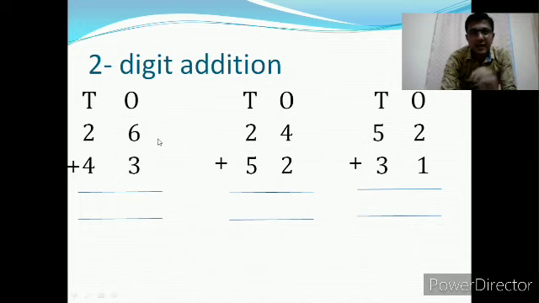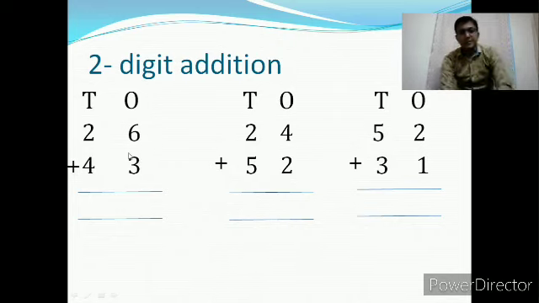Already we have done expanded form and number name in the first chapter. So this is 26. Below, one more number is given. 4 is in the tens place, 3 is in the ones place. That's why it is called 43.